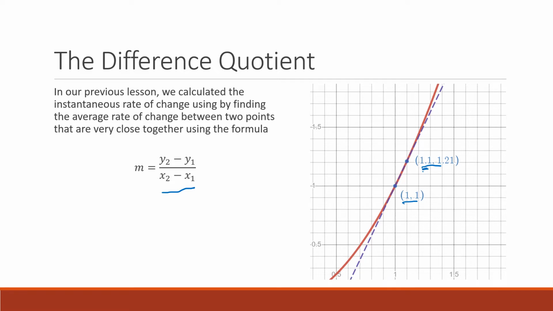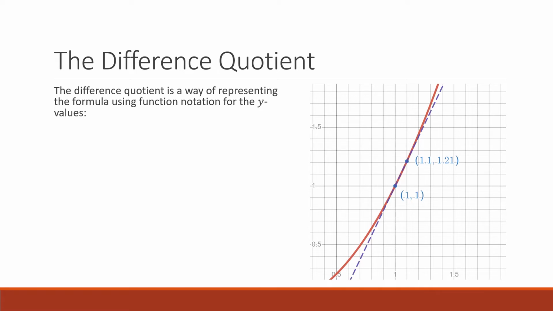If we wanted to make it closer, we could use an x value of 0.001, for example, and that would give us a y value of 1.002001. But for now, we're just going to use 1.1. The key idea is if we move these points closer together, if we make this 1.1 into something much closer to 1, we should get something much closer to our instantaneous rate of change.